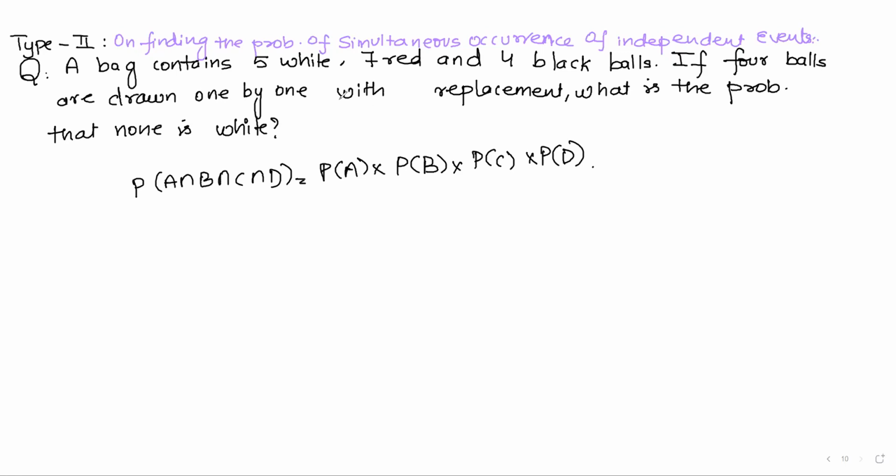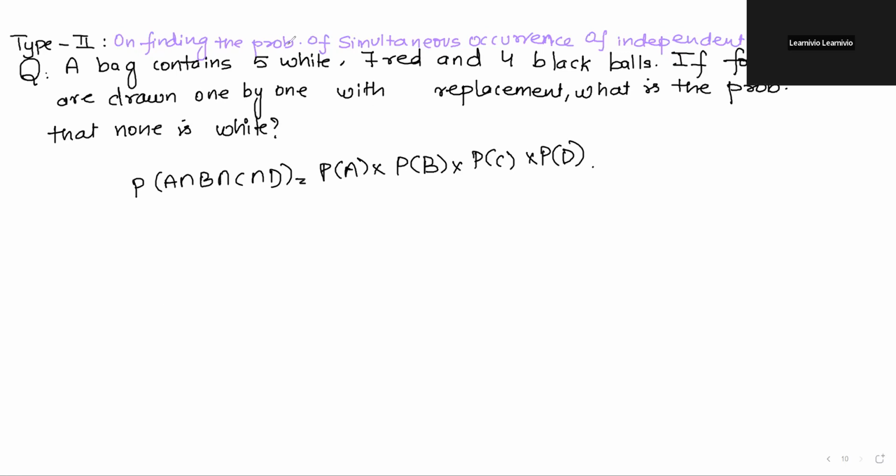No, Nabil, you are making a mistake here. First, you need to decide whether this is an independent event or not. In this question, they are saying that you are drawing a ball one by one with replacement. That means you are drawing a ball, checking its color, and replacing it in the same box. So these are independent events.